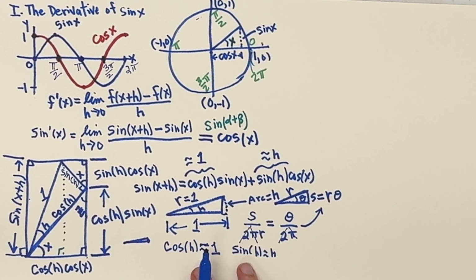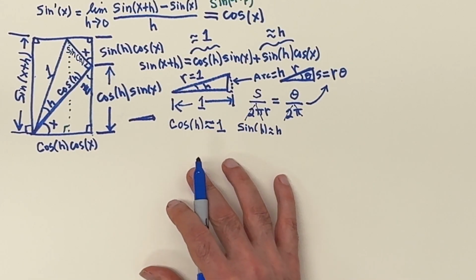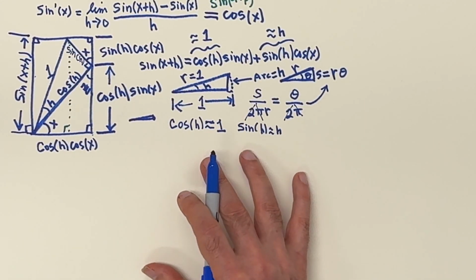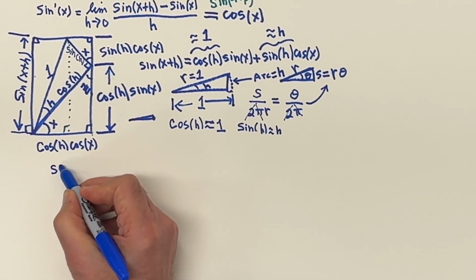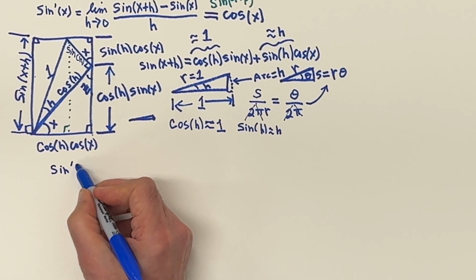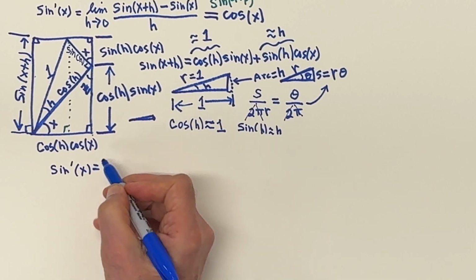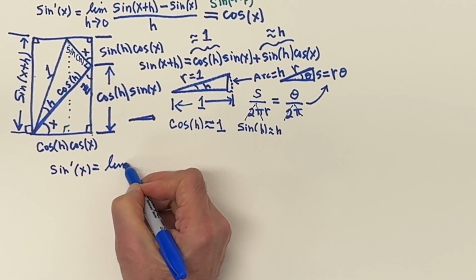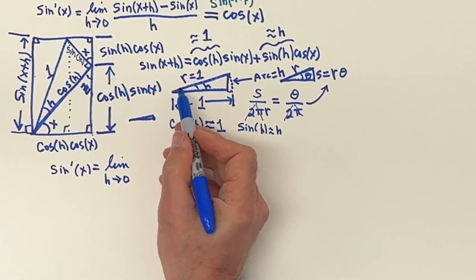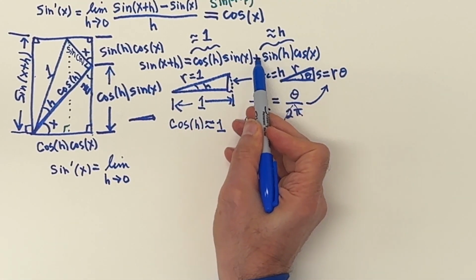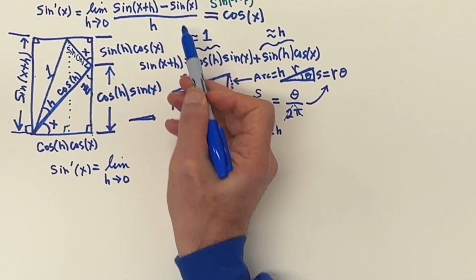Now, this kind of a derivation will please the physicist or an engineer, but not really a mathematician. So let me give you a little more rigorous approach here. So if we do that, we're going to write down the derivative of the sine of x is equal to the limit as h goes to 0. And now I'm going to have to write down all this and minus the sine of x.